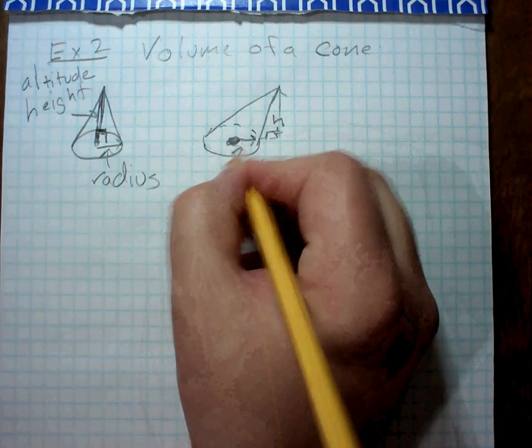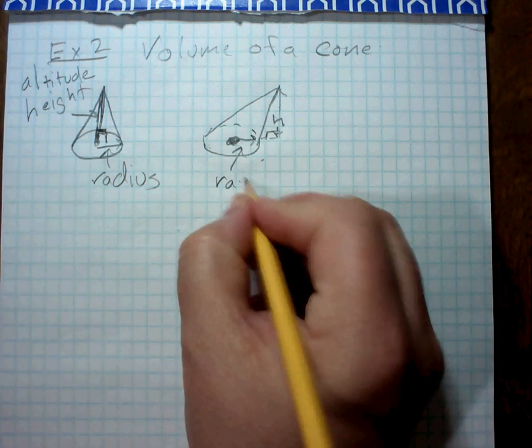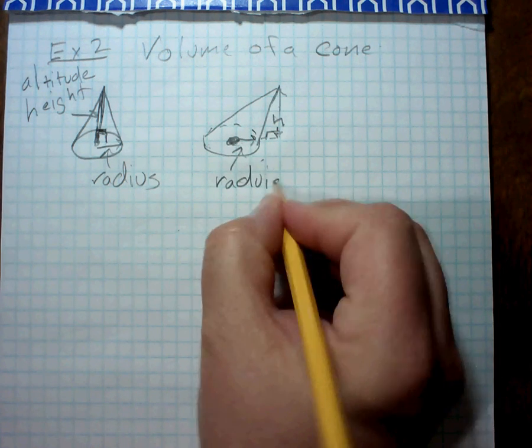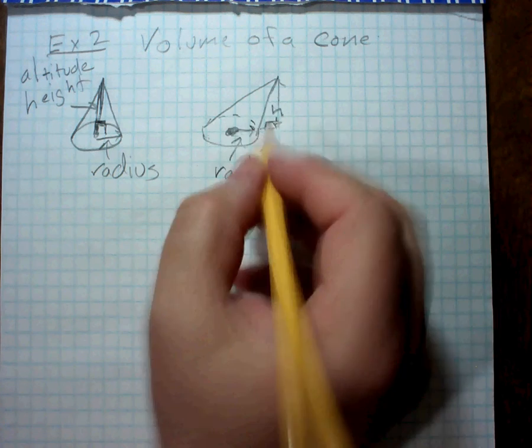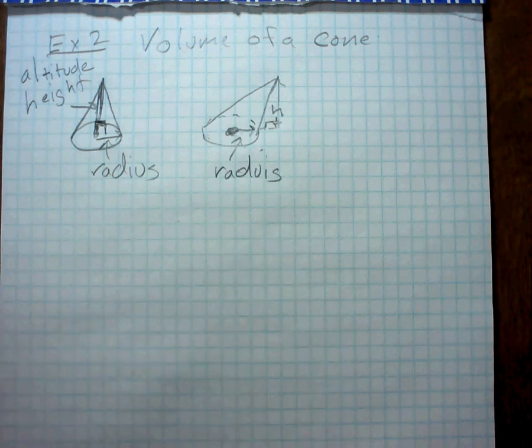So in both cases, we're focusing on the altitude height. And so if you have a cone that's slanted sideways a little bit, we're going to use the altitude height.